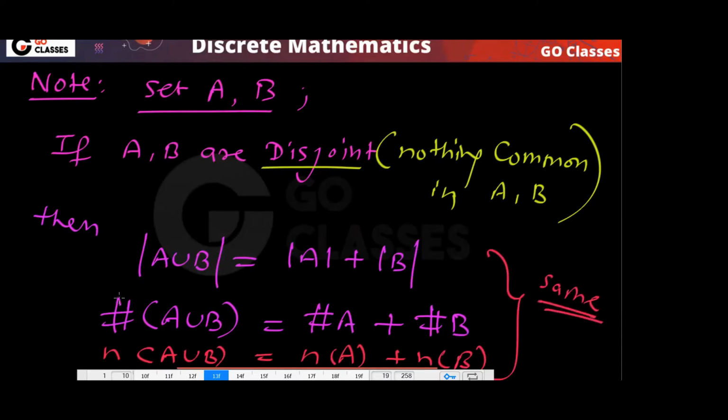So this is the idea. And this symbol, this hash, means number. So the number of elements in A union B will be the number of elements in A plus the number of elements in B. If they are disjoint, then this will happen. If they are not disjoint, then this will not happen.